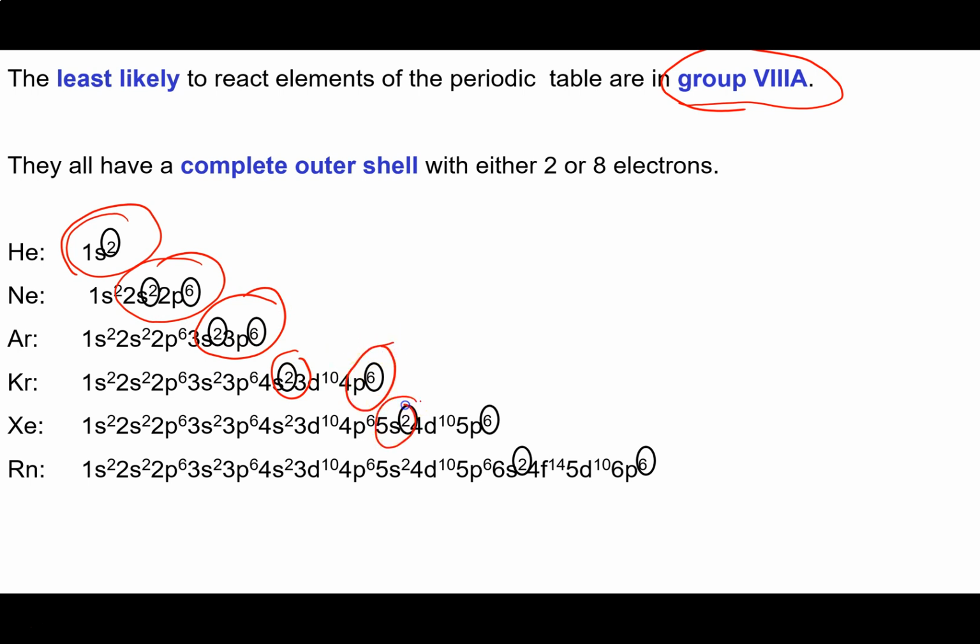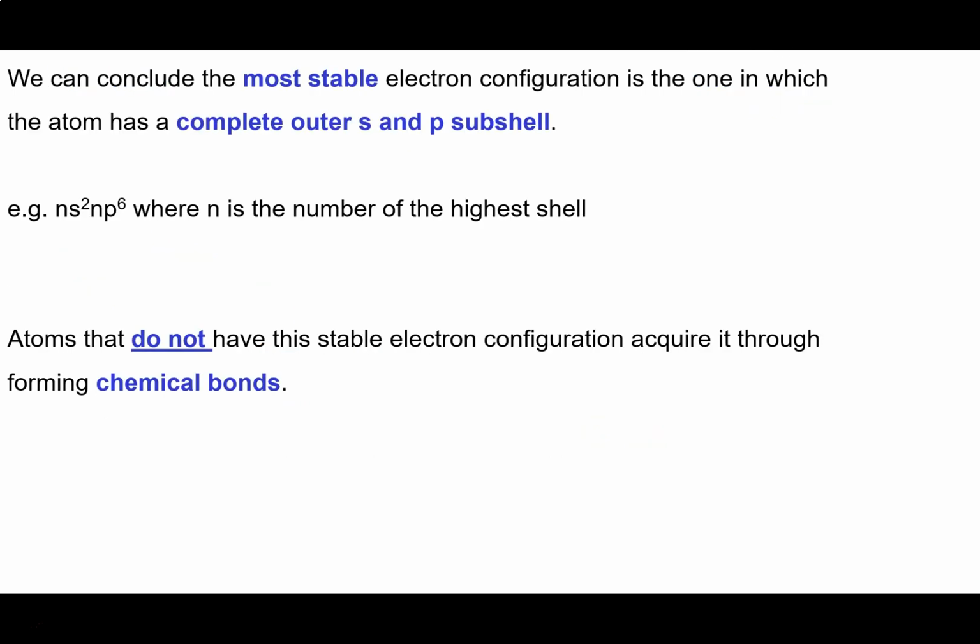So having these 8 electrons in your outermost shell is a very, very stable electron configuration. So what we conclude is that the most stable electron configuration is one in which the atom has a complete outer s and p subshell.